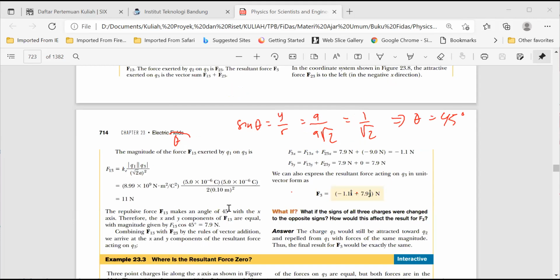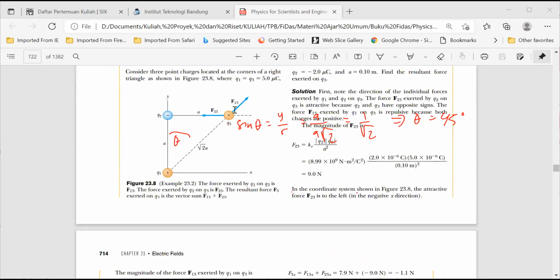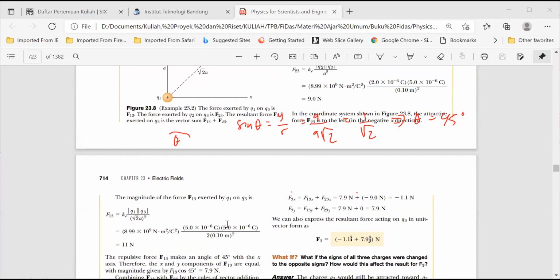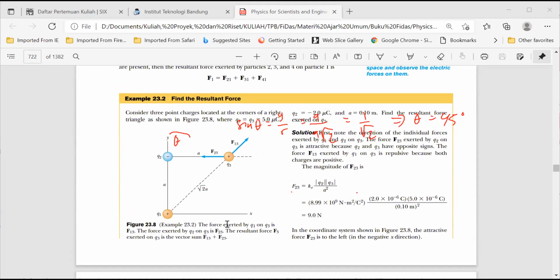So that's why we conclude that F13 with respect to the x-axis makes an angle of 45 degrees. Okay, this is theta, because it's 45, the same. Okay, any question?